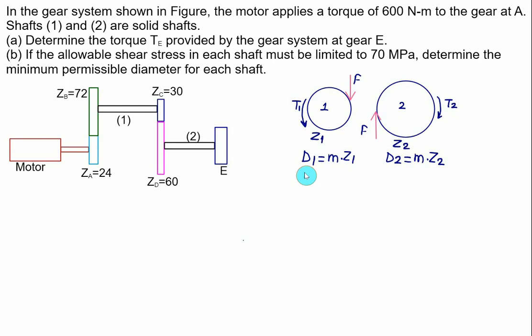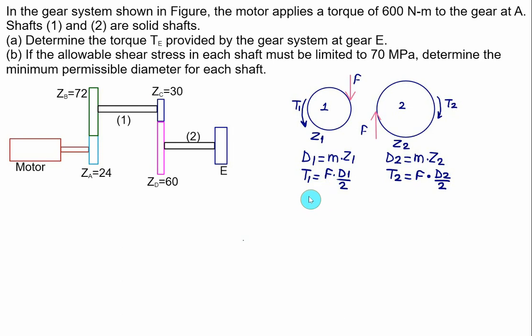In this case, torque T1 is equal to the force F multiplied by D1 divided by 2, and torque T2 will be equal to force F multiplied by D2 divided by 2.